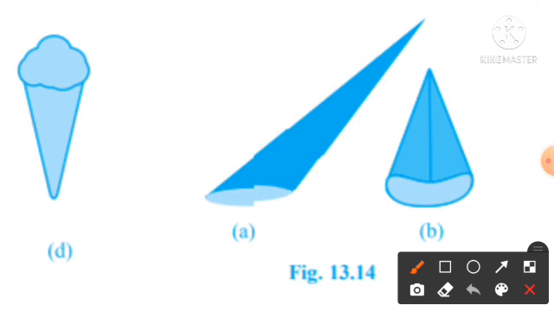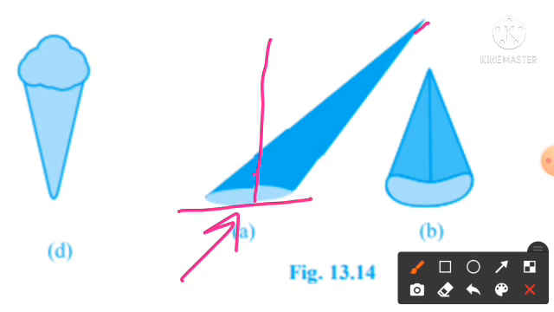What you see in these figures are not right circular cones, because in figure A, the line joining its vertex to the center of its base is not at right angle to the base. The angle is not a right angle. And for the second figure B, here the base is not circular.